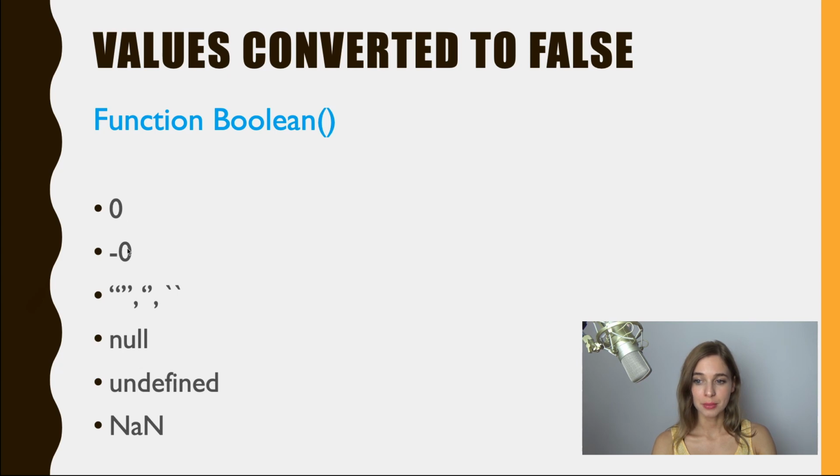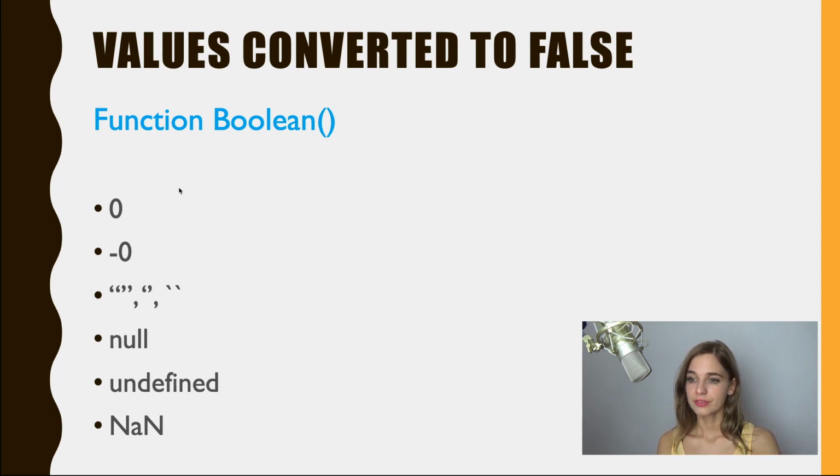So 0 and -0 are falsy values. An empty string, and it doesn't matter whether it's double quotation, single quotation, or backticks, as long as it has no characters in it, it's going to be considered false. Null, undefined, and also not a number, all falsy values.